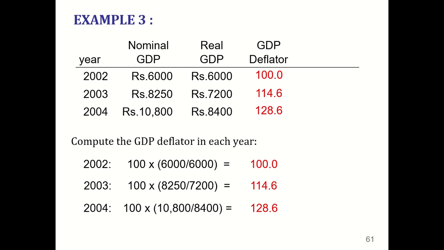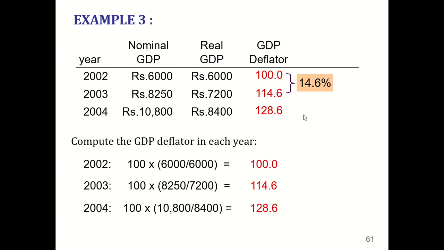How the average level of prices is changing from one period to the next. So if I were to measure the inflation rate in 2003, it will be 114.6 minus 100, so it is 14.6%.